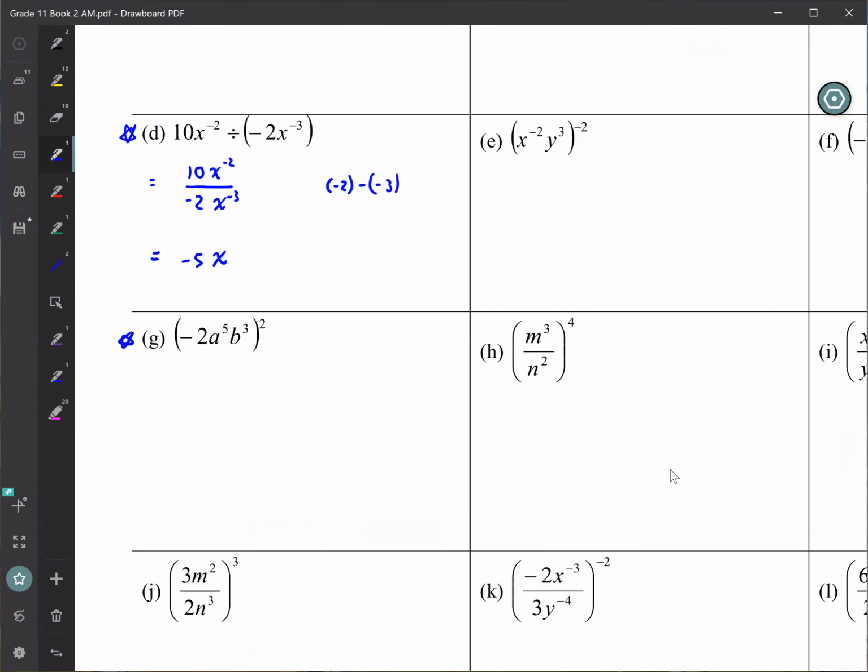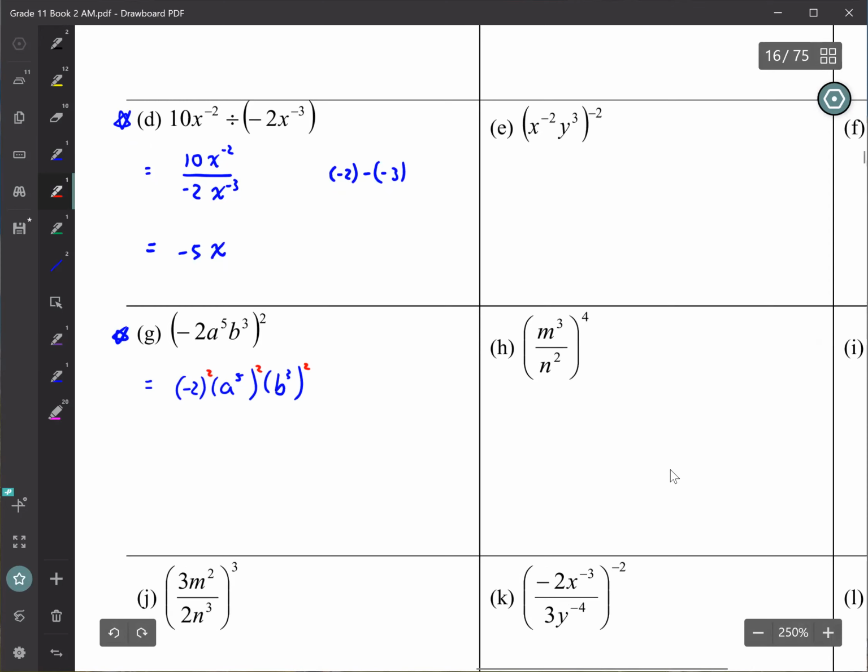So we can split into parts, and each one of them gets a square. The square, if there's a bracket around -2, will make it positive. And then for the rest of them, you use the third law: when exponents are next to each other, you multiply.